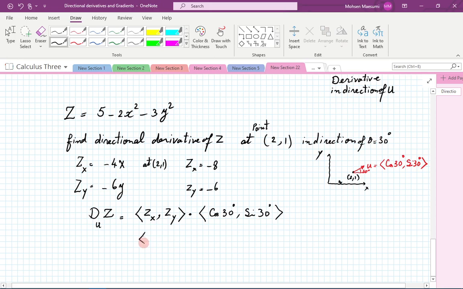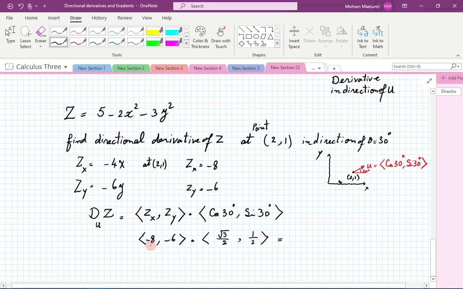So I write the numbers. I have minus 8, minus 6, dotted with cosine of 30 degrees and sine of 30 degrees. We need to know these values, and when you're doing a web assignment, more likely than not, it asks you for exact value, so you have to enter exact values, or it might ask for a certain number of decimal places, in which case you do it accordingly.